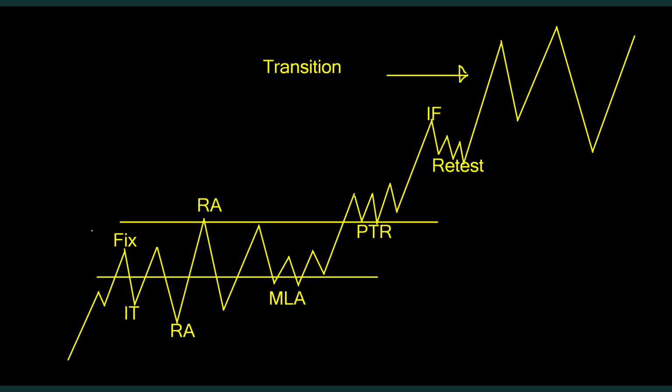We can't classify any consolidation or rotation a balance without an initial impulse, all right? Then we see a first phase of the balance, which consists of a fix and an inertial trade. A fix forms when the participants of the market close partially or entirely their positions. This is why we see this counter-directional movement. Then we see an inertial trade.